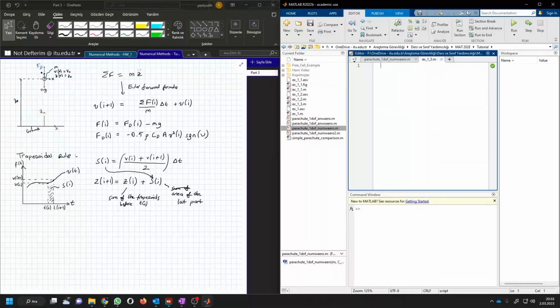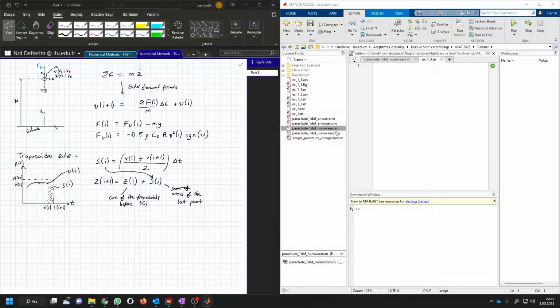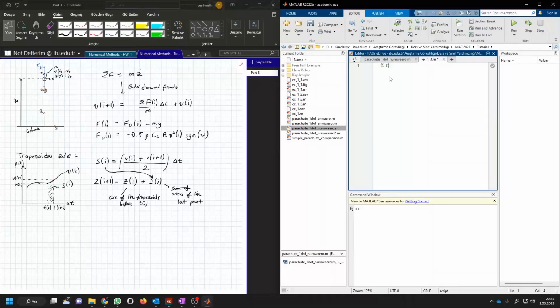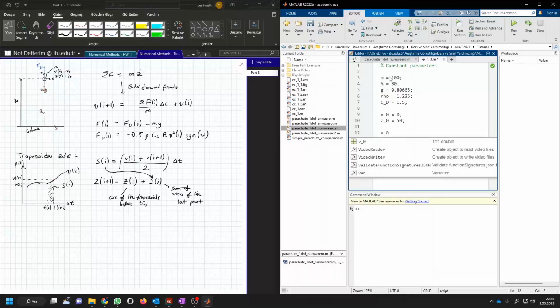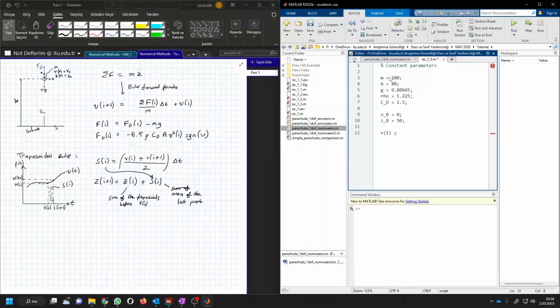So I'm again starting with my equation parameters, constant parameters, mass, projection area, gravitational constant, air density, drag coefficient, my initial conditions, my state variables and their initial conditions.